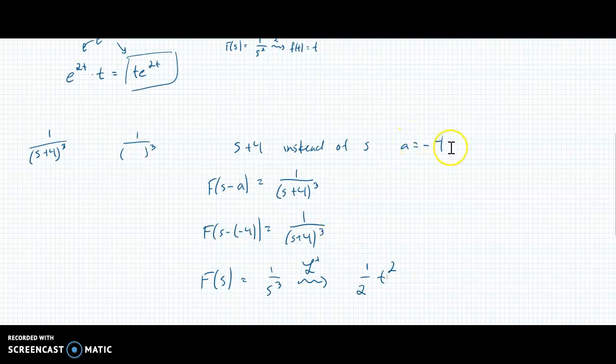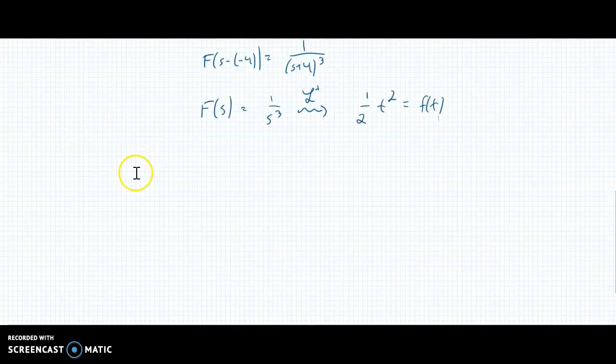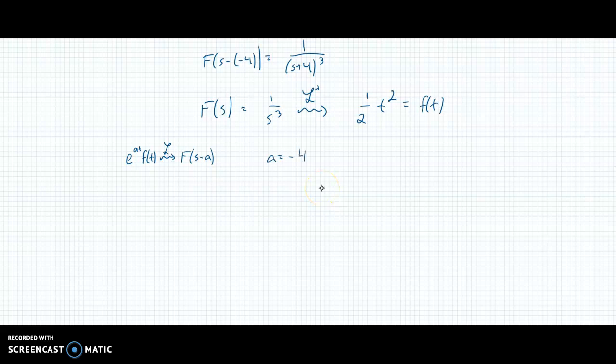Remember, my a value is negative 4. Sorry, this is my f of t, so I'm writing that whole equation right there. If I take those pieces right there, remember, a is a negative 4, and f of t is equal to 1/2 t squared.